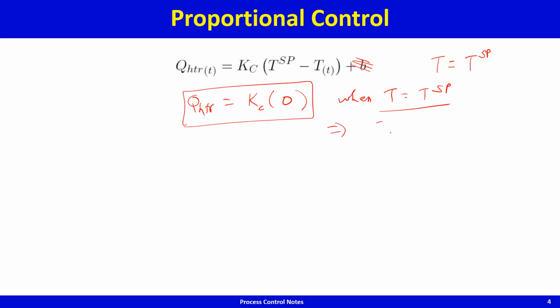This implies that when you switch on the controller, QHTR will go to 0, and then the controller will bring it back up to 40% or 50%, whatever is the required value for maintaining temperature at 25 degrees Celsius. That job will have to be done by the controller. So there will be these sudden changes, and this is improper initialization.